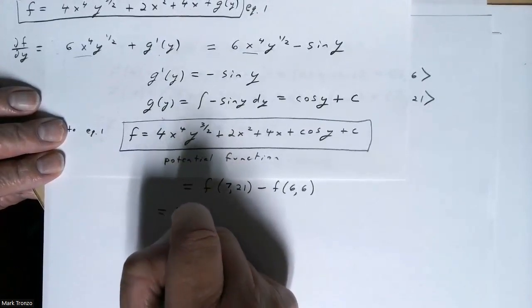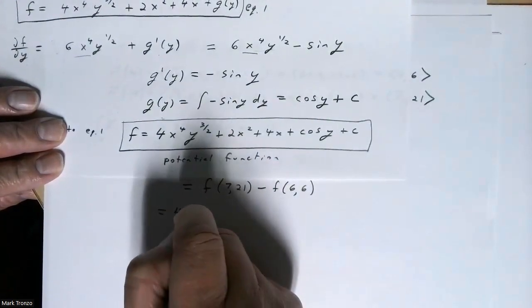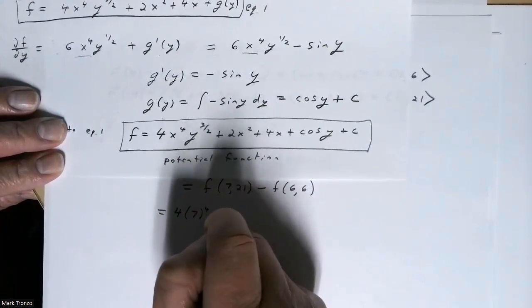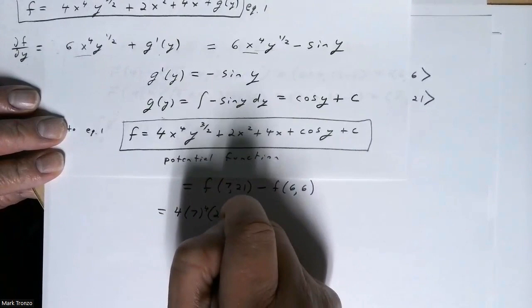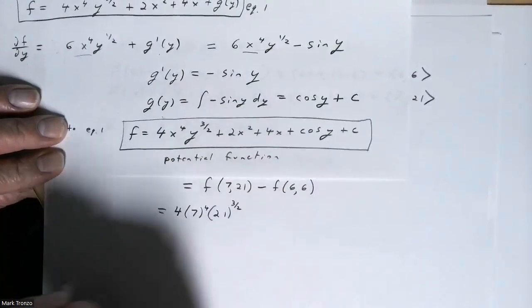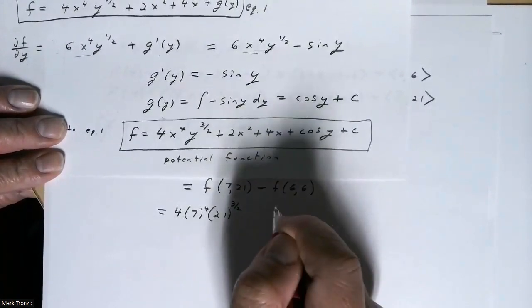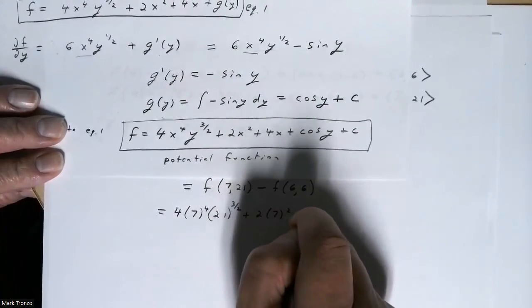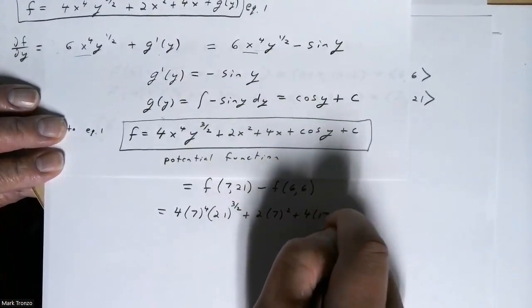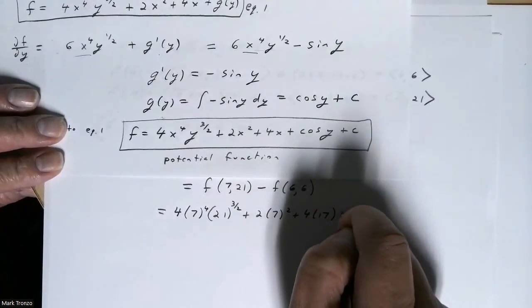This would be 4, and put a 7 here. And then y was 21. Plus 2, 7 squared, 4 times 7.